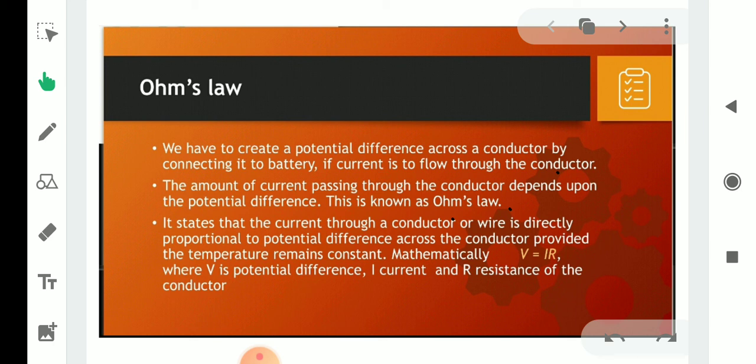That means in an electric circuit, current is going to flow only when potential difference is applied across the ends of the conductor, that is by using a battery. So if there is no potential difference applied, then there is no current flowing in the conductor.